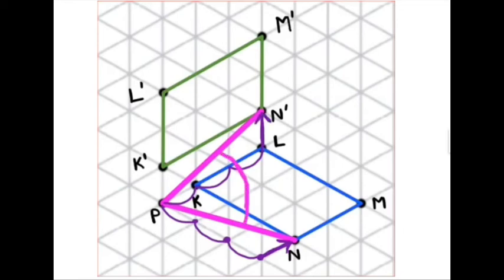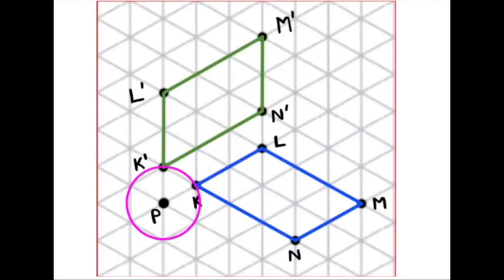You're going the same number of units along the side of a triangle and then 1 unit in the direction of rotation. So that's a 60-degree rotation. Once again, if you can show that one point rotates 60 degrees, they all rotate 60 degrees.